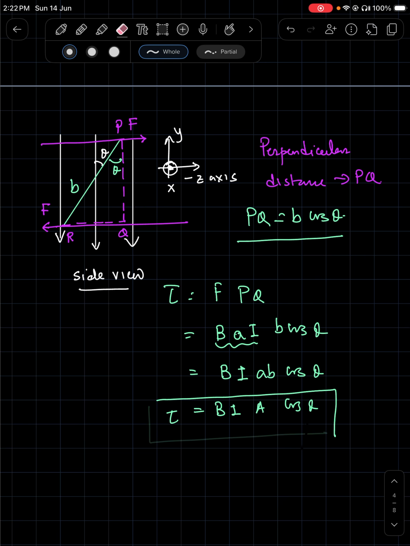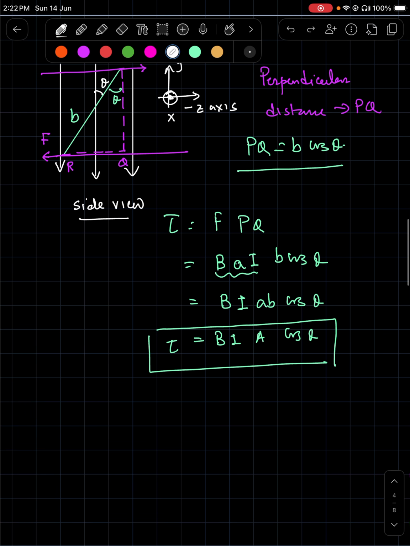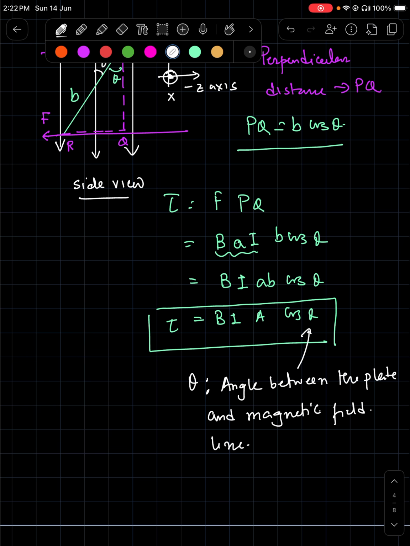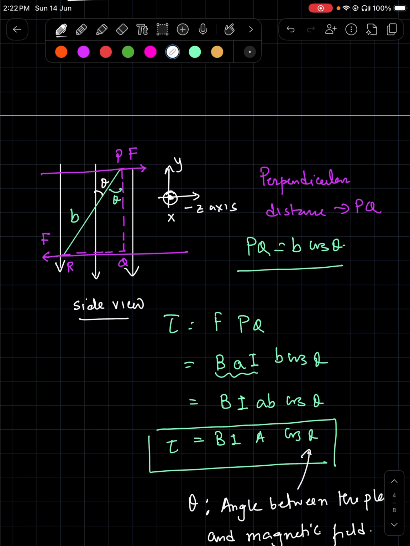Please remember this angle, it is a very crucial point: this particular theta is the angle between the plate and the magnetic field line. So that is the formula for the general case.